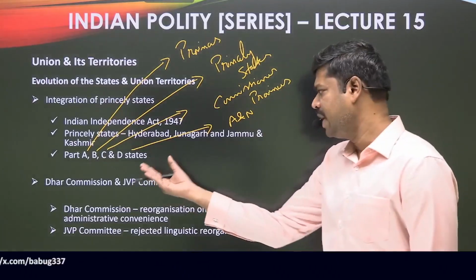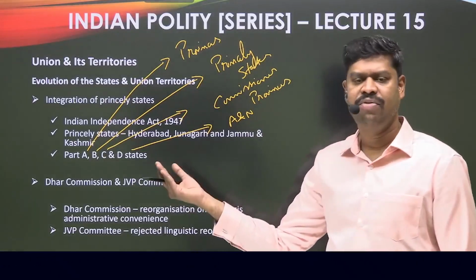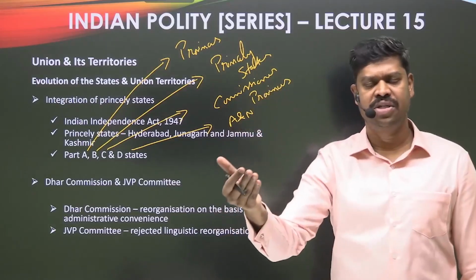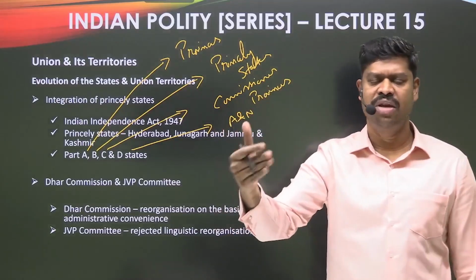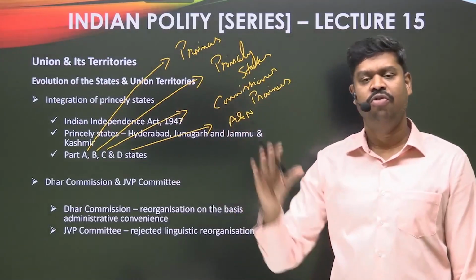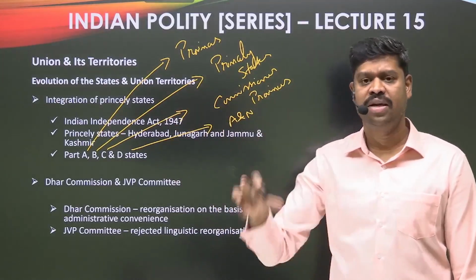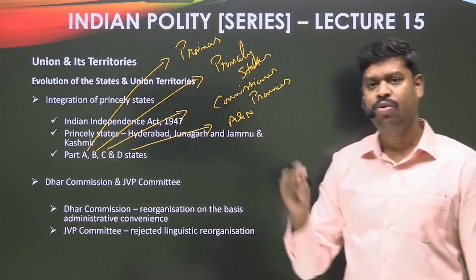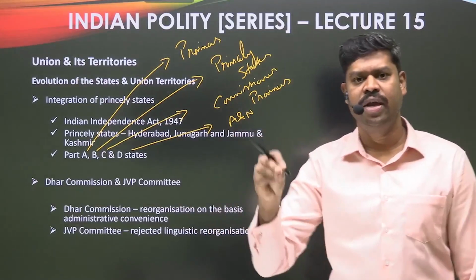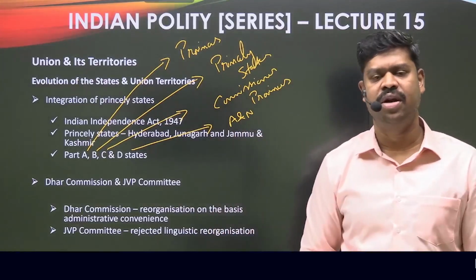The Part A, B, C, D classification that existed at independence is largely what the Britishers had done, dividing India administratively for their own administrative convenience and strategic importance, the way they could rule India. But that was not in the welfare of the people, nor did it take into consideration the welfare of people in our country.